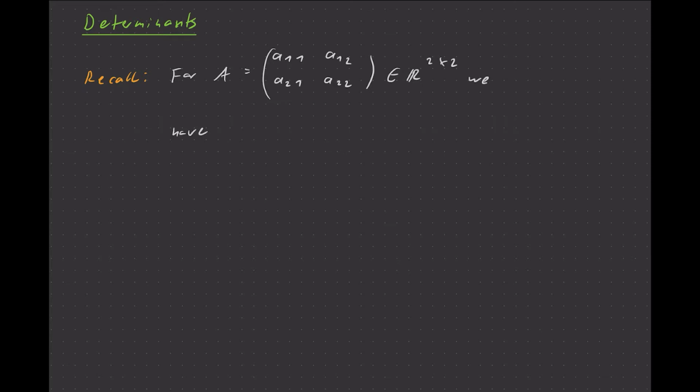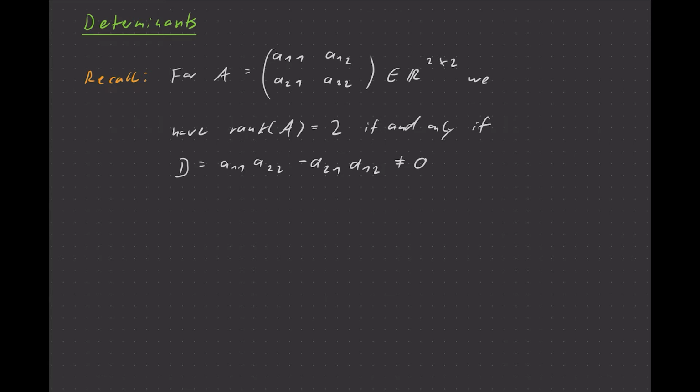then remember we've tried to find the inverse of that matrix, and one condition that we encountered here was that the matrix must of course have full rank, and that was dependent on a certain number. Remember, we have rank of A equals 2 if and only if what we called D, and that was A11 A22 minus A21 A12, is not 0.